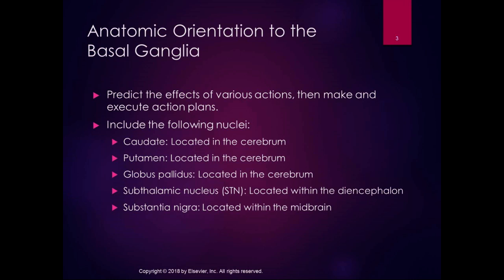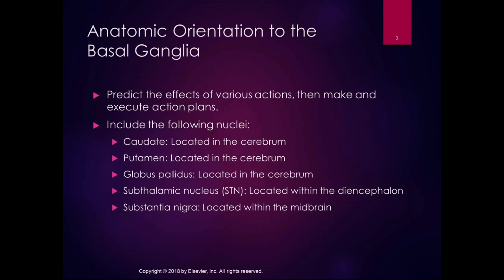Talking about just the anatomy of the basal ganglia, the basal ganglia nuclei are located in or near the base of the cerebral hemispheres. That's where the name basal comes from. There are all these different nuclei. The caudate is located in the cerebrum.